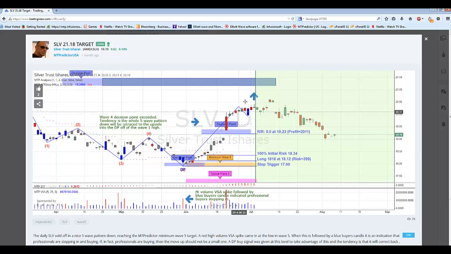All right, so we don't expect a straight line to that level, but the fact that they did breach that wave 4 DP, the tendency is that the whole 5-wave pattern down will get erased, and eventually we'll see this 2118, the level we're eventually looking for in the SLV, that target there.